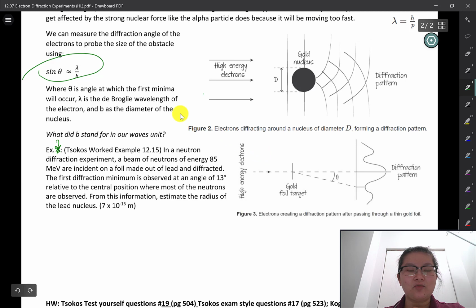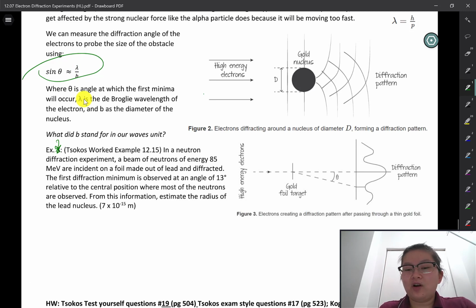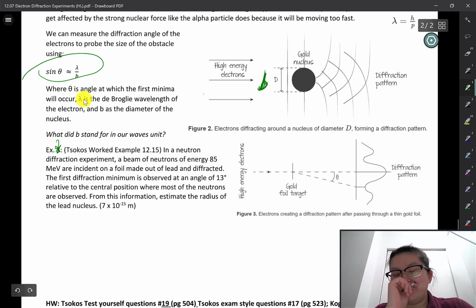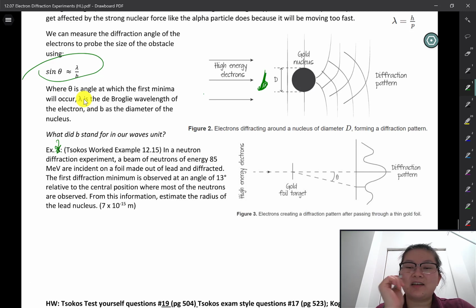Sine theta is roughly the wavelength of light used divided by b, which is the size of the slit. So say for a gold nucleus with a certain size d, we can model that with this being b. Instead of diffracting at a slit, it's diffracting around an obstacle, so we're going to expect very similar patterns.